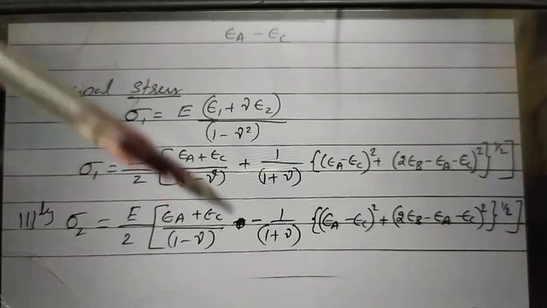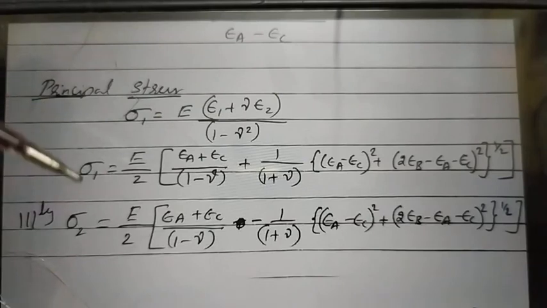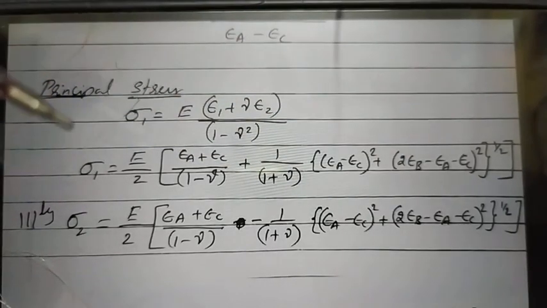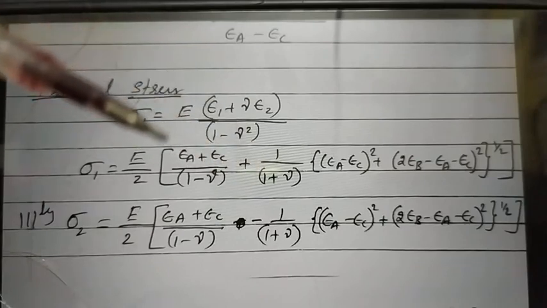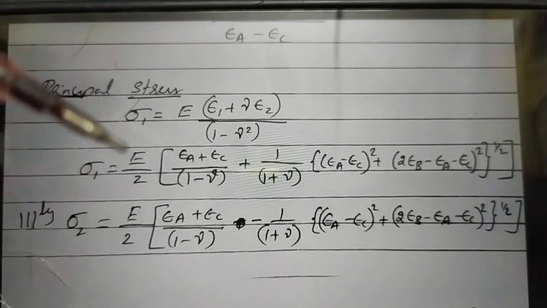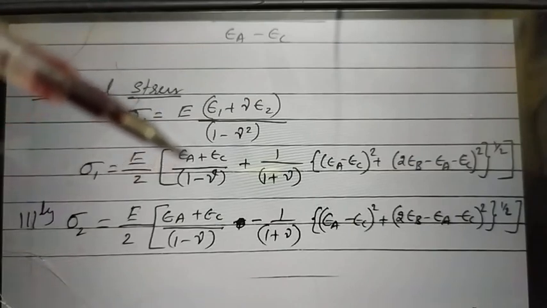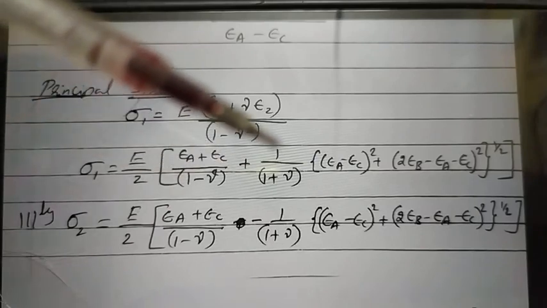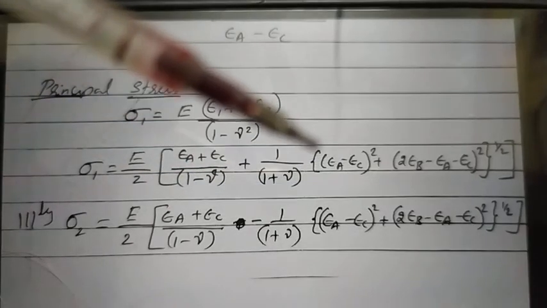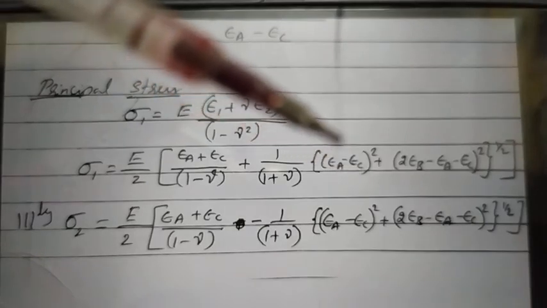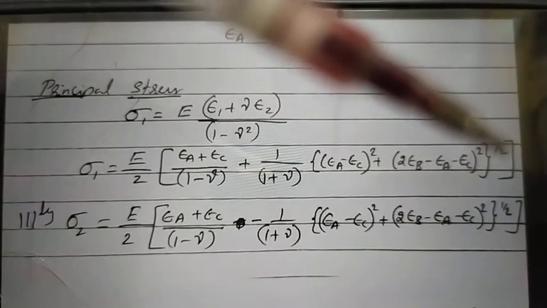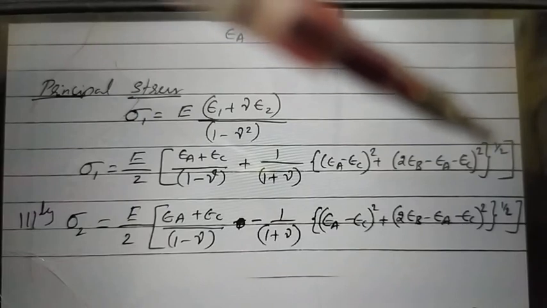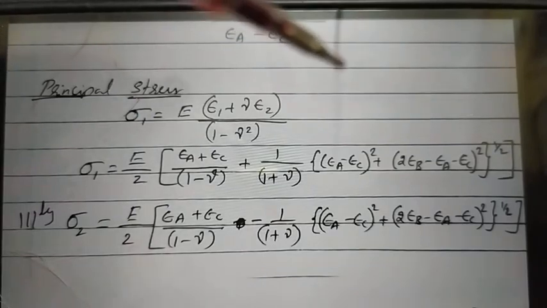But in relation form, if you determine sigma 1, you are going to get this relation. You have to substitute the epsilon 1 equation and epsilon 2 equation which you got earlier, and simplify, and you get sigma 1 is equal to E by 2 in the bracket, (epsilon A plus epsilon C) by (1 minus nu), plus 1 by (1 minus nu) in the curly bracket, (epsilon A minus epsilon C) whole square plus (2 epsilon B minus epsilon A minus epsilon C) whole square, closing the curly bracket, to the power of 1 by 2.